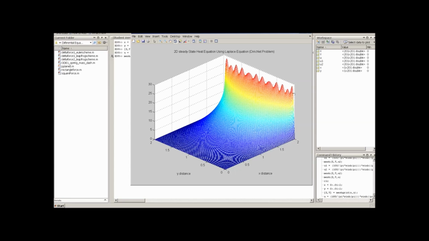So if I was able to use an infinite series, you would see that this edge right here would be completely smooth. It would come up here to 25, go across along 25, and then come back down. But it's not smooth because I wasn't able to use the entire infinite Fourier series. I only used, I don't know, 10 or 20 terms or something like that.